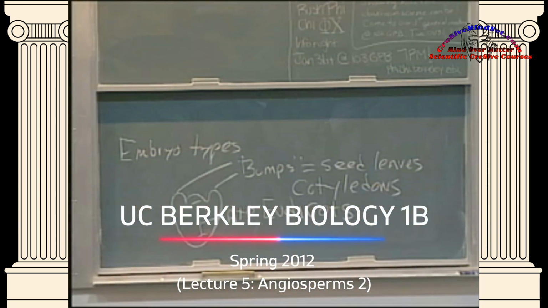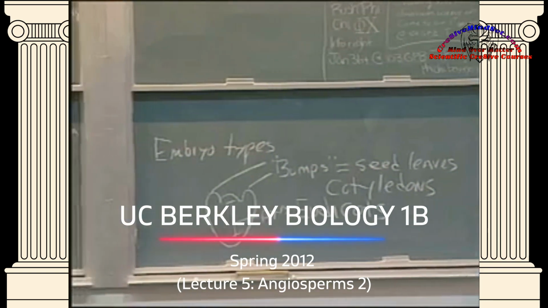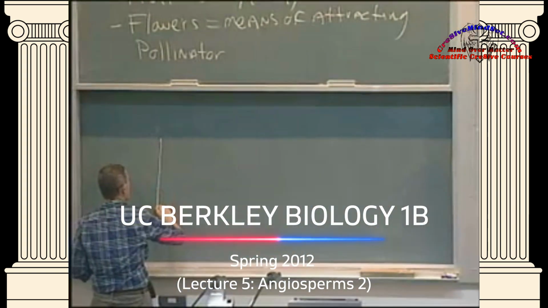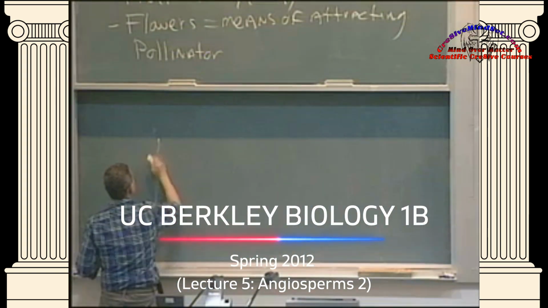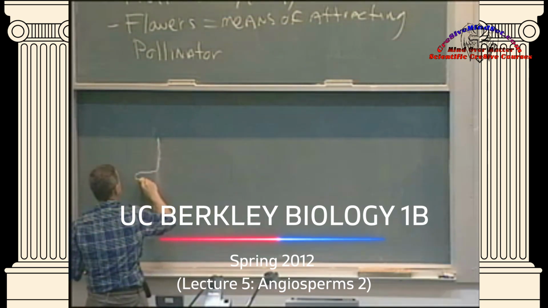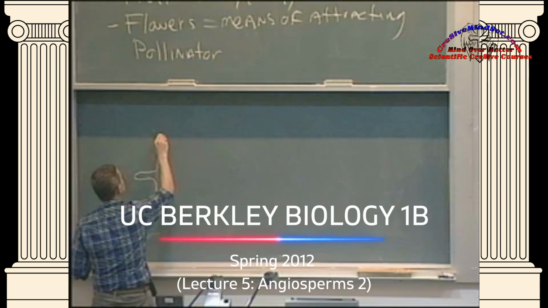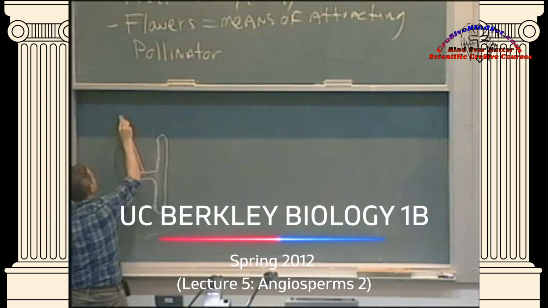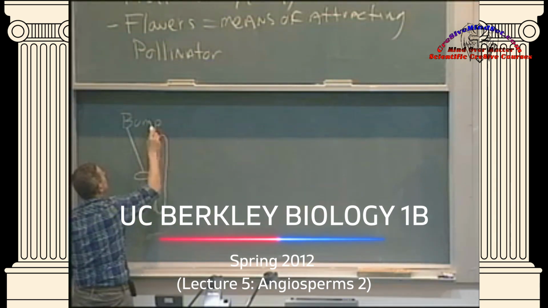And this is contrasted now with an embryo which doesn't have two bumps. So let's draw an embryo axis where we have essentially only one bump on the axis. And let's just do it like so. In this particular cartoon, the bump is over here.